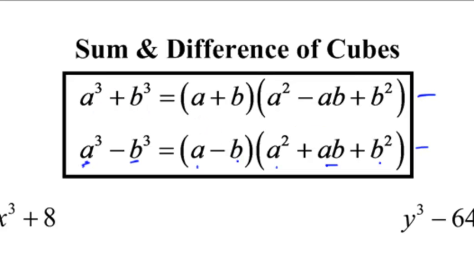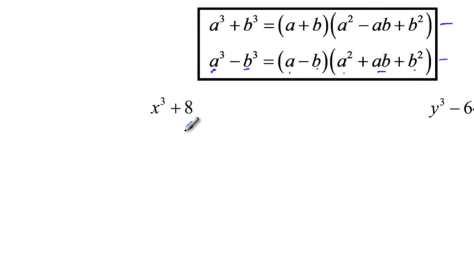When I look at a problem like x cubed plus 8, you might not realize that it's a sum of cubes problem, but really I could write this as x cubed plus 2 cubed, because 2 cubed is 8. In that case, x is like my a up here, and 2 is like my b. So I'm just going to fill it in.